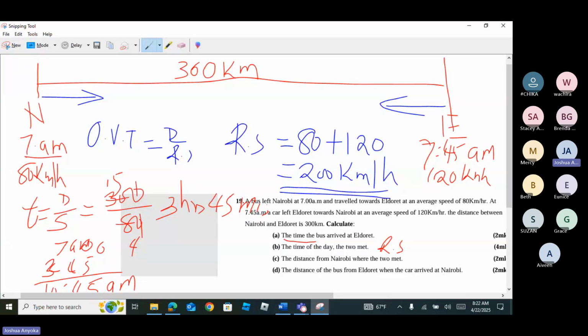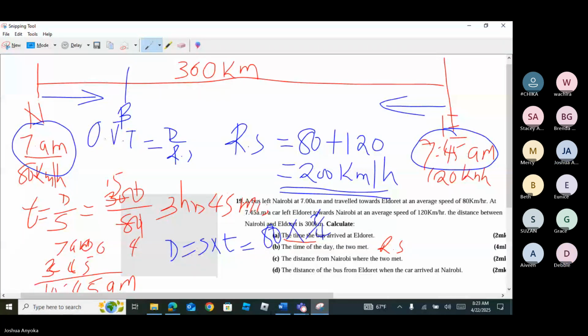So already we have our relative speed. What is the distance between the two when the two will start moving together? There is a 15 minutes. The bus started at 7 a.m. and the car started at 7:45. So what is the distance the bus has covered in 15 minutes before the car started moving? So distance is equals to speed times time. Speed in this case is of the bus, 80 times time, which is a quarter.